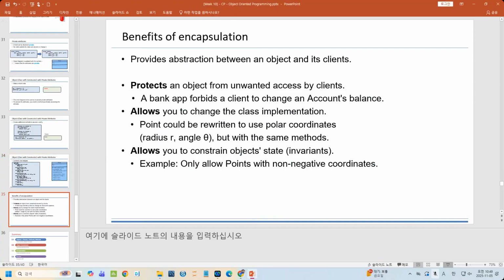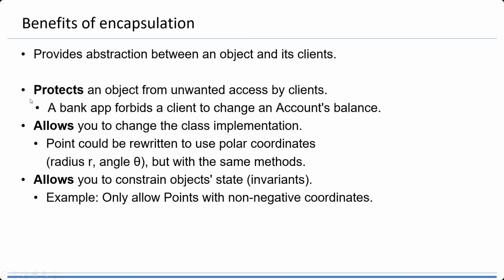The benefit of this encapsulation is to protect. It provides abstraction between objects and clients. The first is to protect an object from unwanted access by the client. For example, in a bank application, you can forbid a client from changing the account balance.